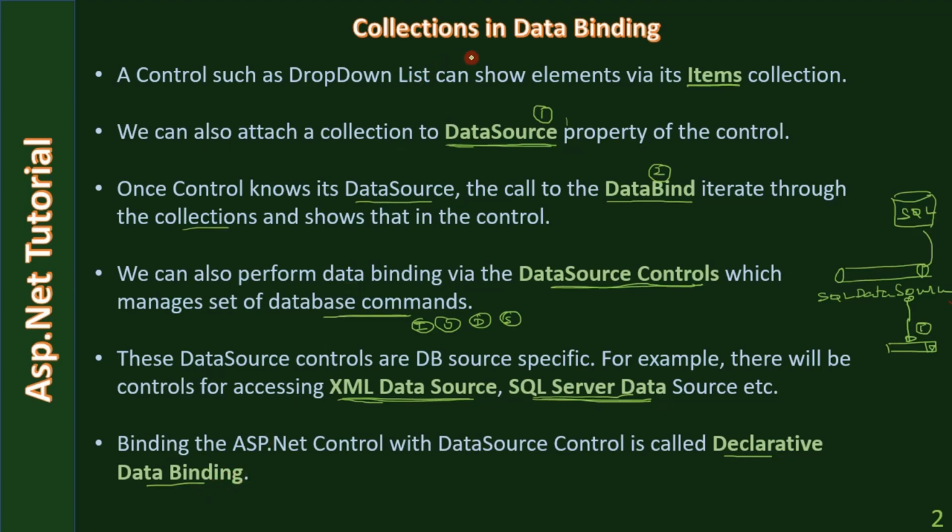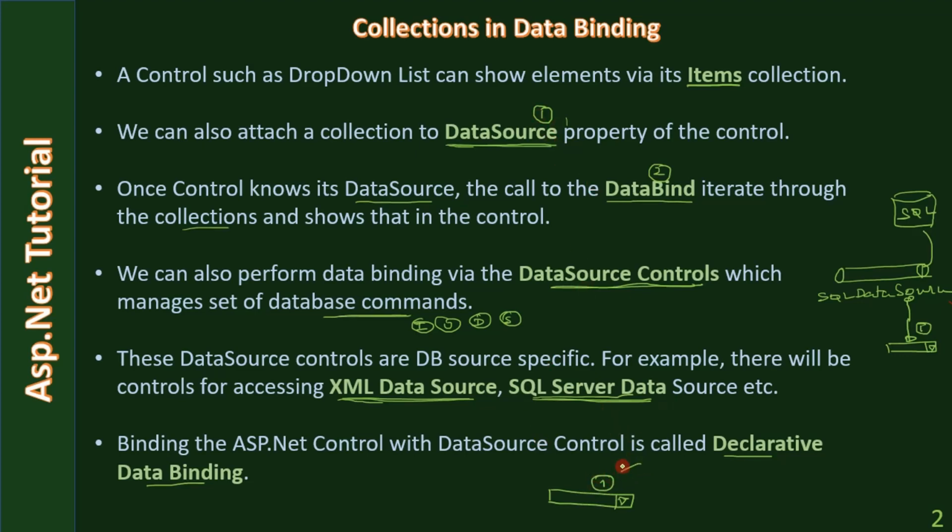Alright, now we know what a data source control is and how we can assign a collection to the data source. And we also know it's possible to make use of the data source control and assign that to the ASP.NET control. So when we talk about an ASP.NET control, say the drop-down list, you can use the data source property.